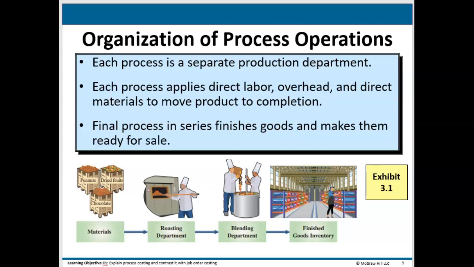And then at the end of the day, the final process is in a series of finished goods and makes them ready for sale. So looking at the graph below, you have materials, then your raw materials, then you go to the roasting department, the blending department, and then finally the finished goods inventory.